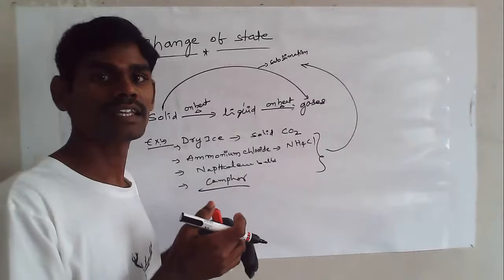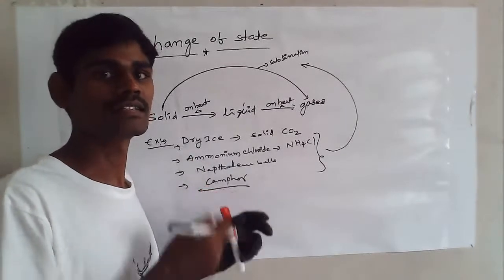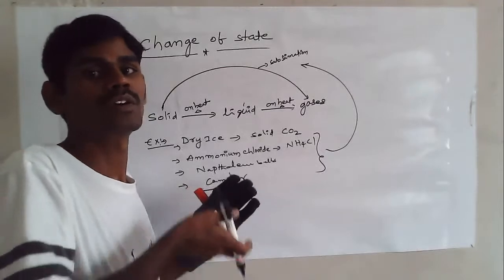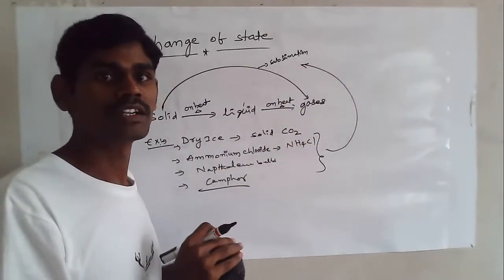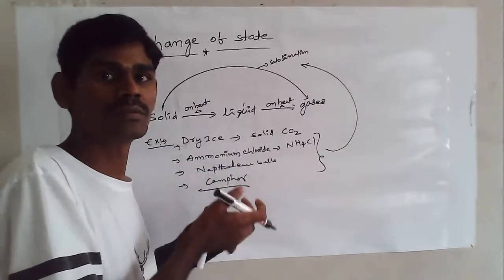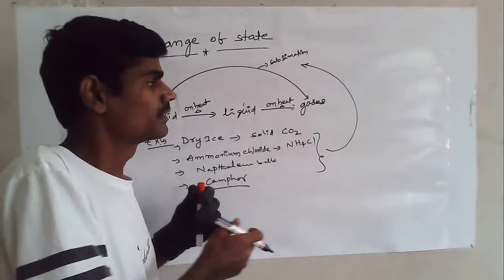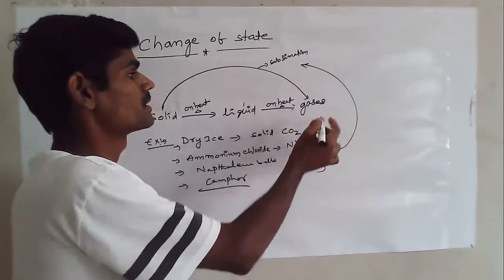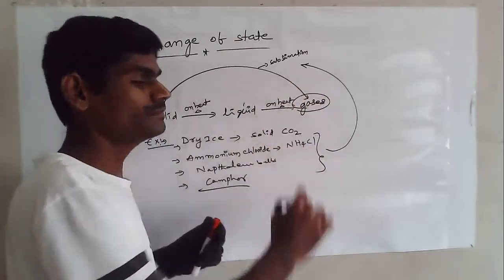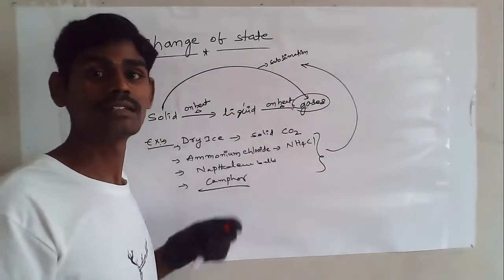Before lighting, the camphor is in solid state. These crystals directly convert into gaseous state. After the combustion process, gaseous particles are released continuously while the camphor crystal is burning.